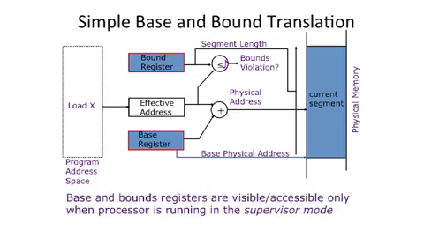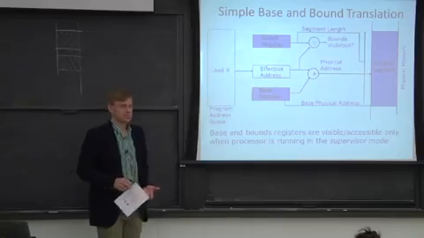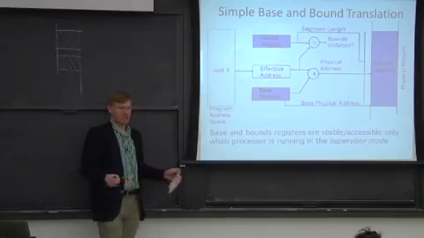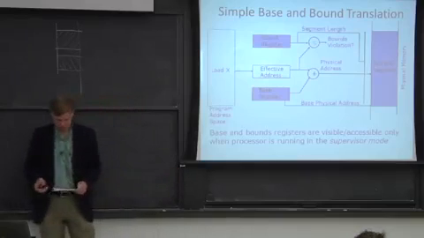You can have programs that are relocatable by the operating system by setting this base register. You can protect memory by setting the bound register. And if the application tries to do anything outside of those parameters, it'll get killed. Questions so far? Sounds pretty good.